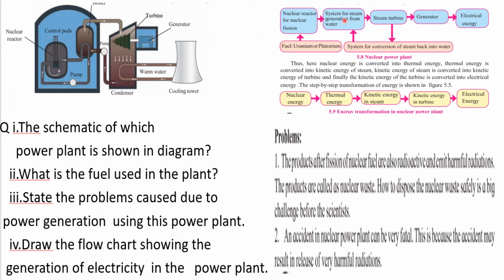The steam turbine rotates the generator and electricity is produced. Here the nuclear energy of the uranium and plutonium is transferred into thermal energy, which is converted into the kinetic energy in the steam, then kinetic energy in the turbine, and electric energy is produced.